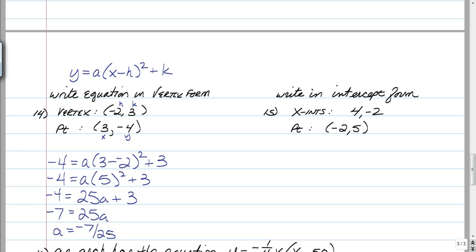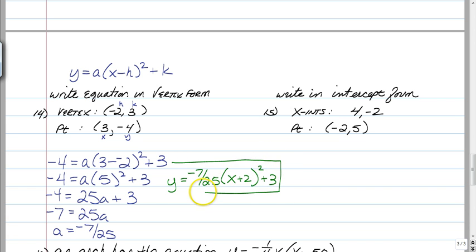You are not done. That's just a. You must write the final answer of y is equal to negative 7 over 25 times x plus 2 squared plus 3. This is your vertex form final answer. Okay? So now number 15.